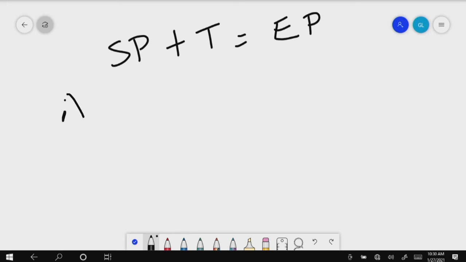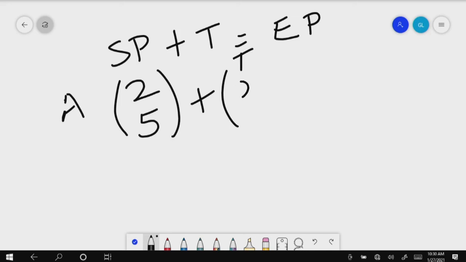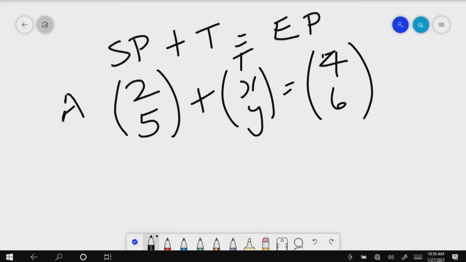Using A and A prime to find the translation vector, A would have been 2, 5 plus the translation, which we don't know, should equal the endpoint, which is 4, 6.